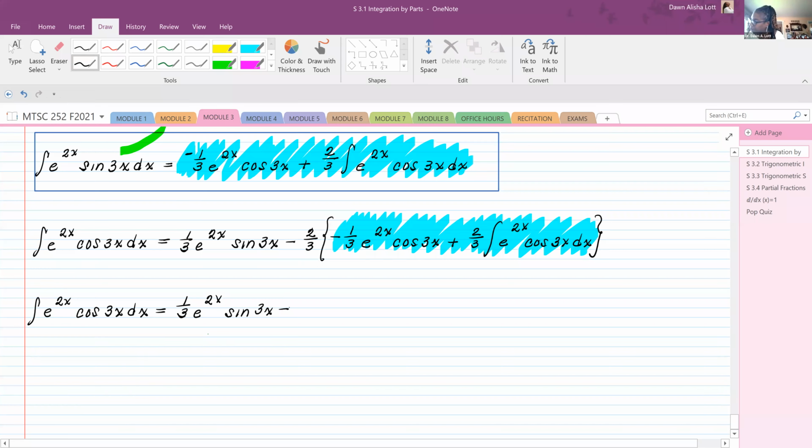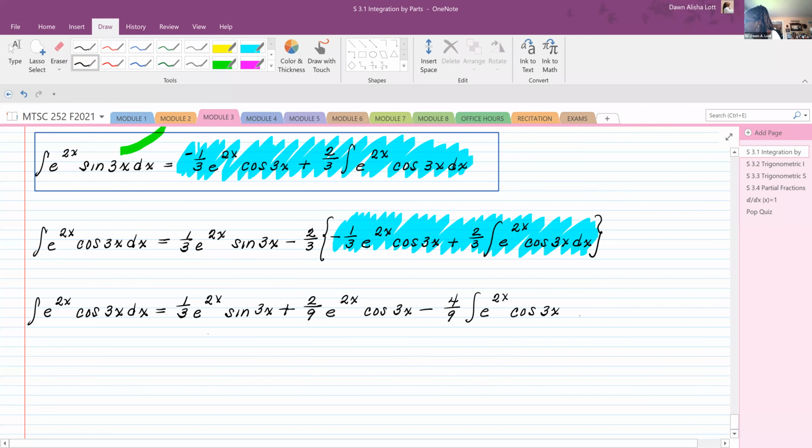So that's going to give me a positive 2/9 e to the 2x cosine of 3x. And now I'm going to subtract off 4/9 the integral of e to the 2x cosine of 3x dx.